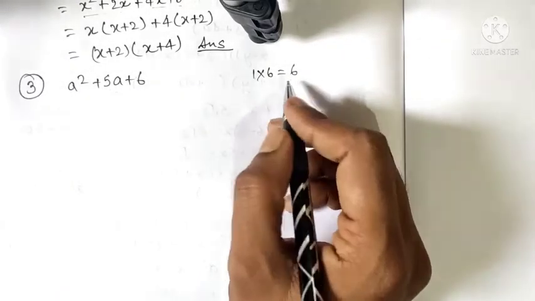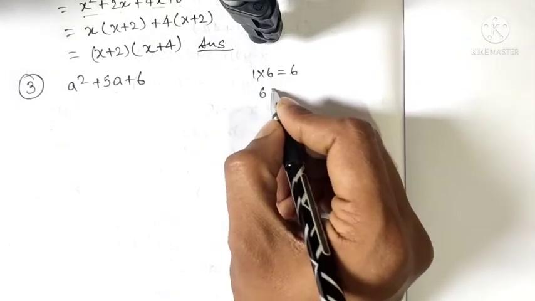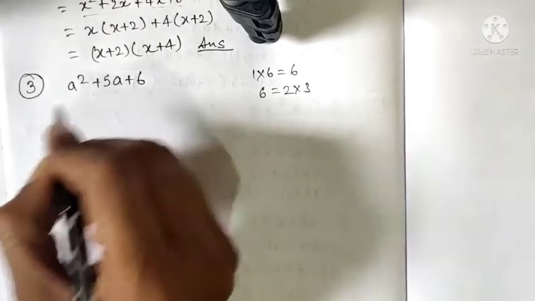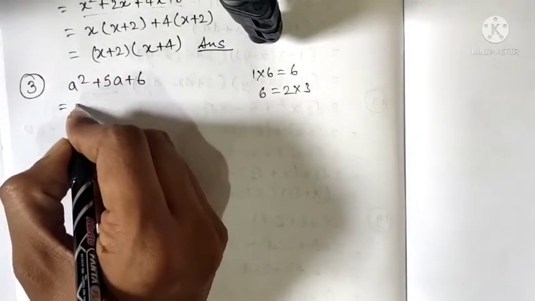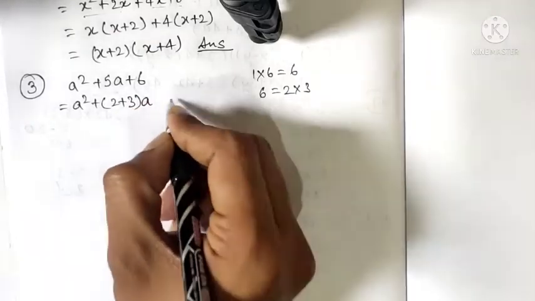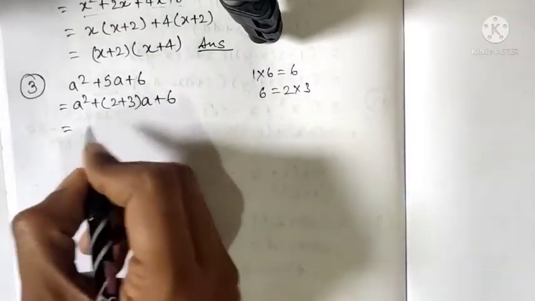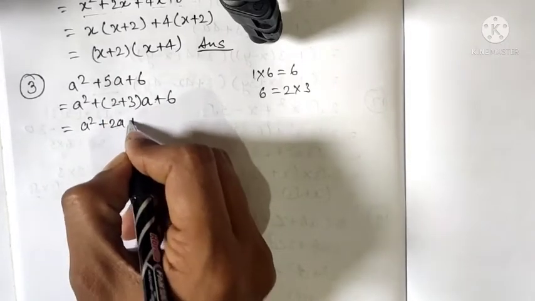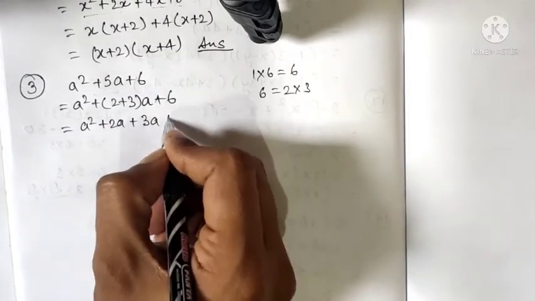And as we know, 6 is equal to 2 into 3, and 2 plus 3 is equal to 5, so we will write it as a square plus 2 plus 3a plus 6. Then it will be a square plus 2 into a becomes 2a, and plus into plus will be plus, 3 into a will be 3a plus 6.